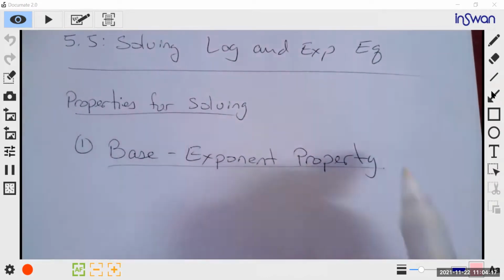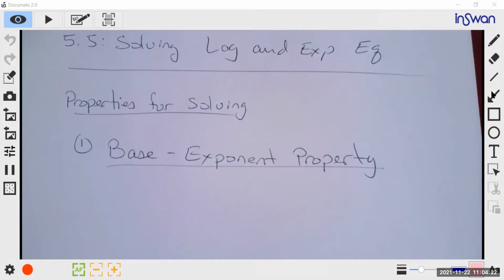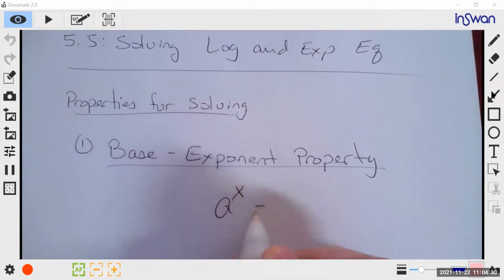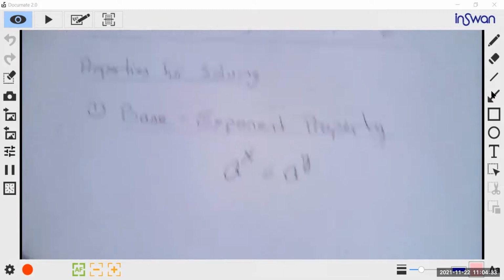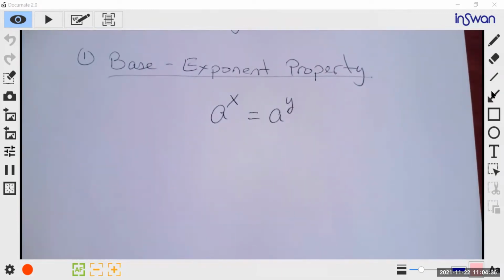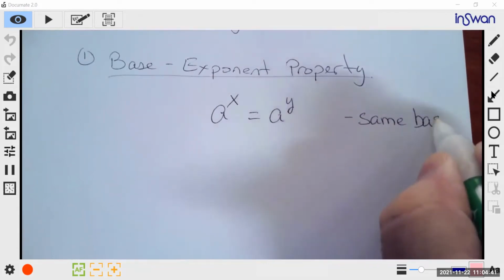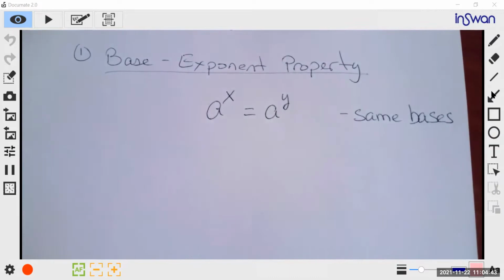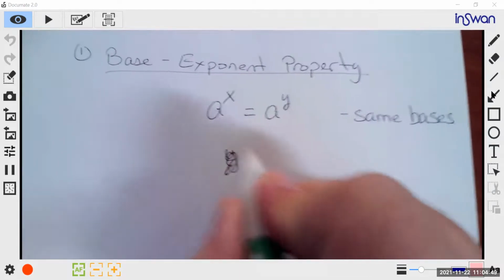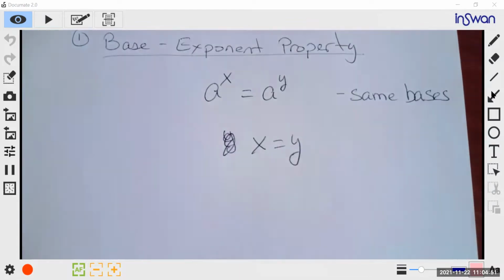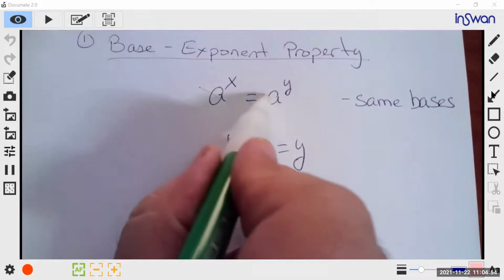First one is the base exponent property. If you have 2 exponential equations with the same bases, then the answer is simply the exponents, because the bases cancel each other out.